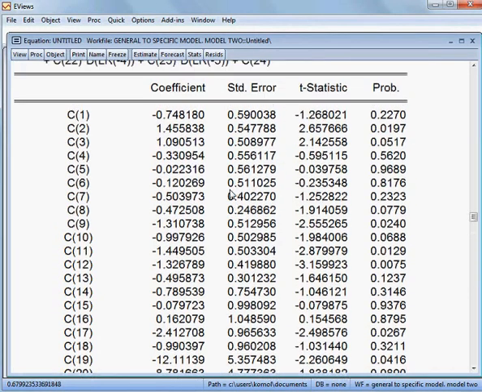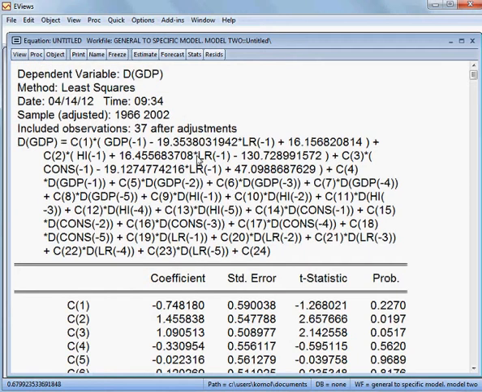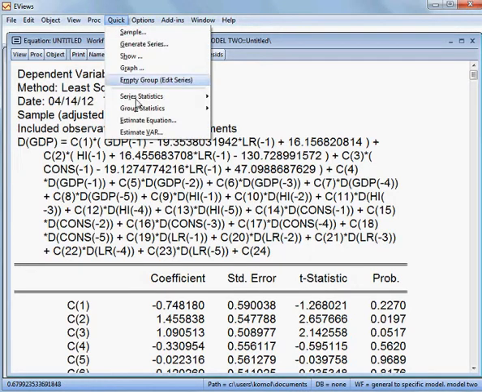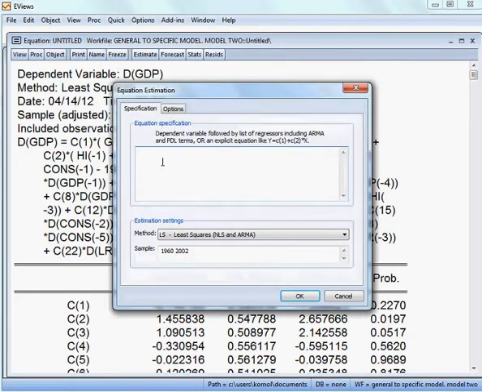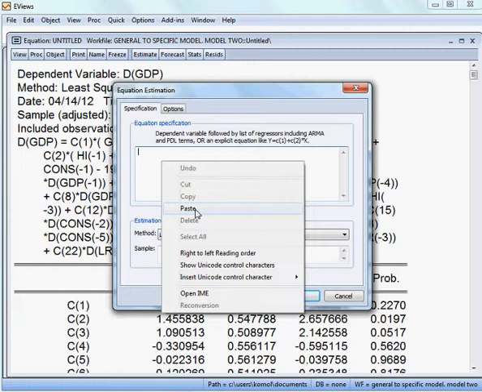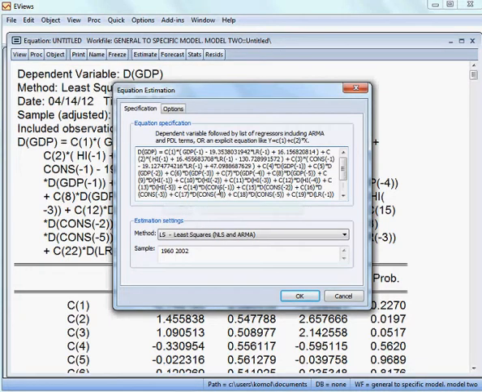Okay. Now I shall be keeping those that are significant, and dropping those that are not significant. I go to Quick, Estimate Equation, and paste. So this is my original model.